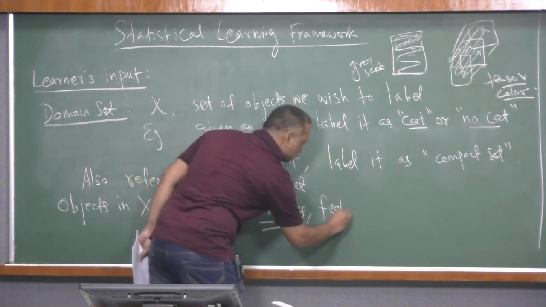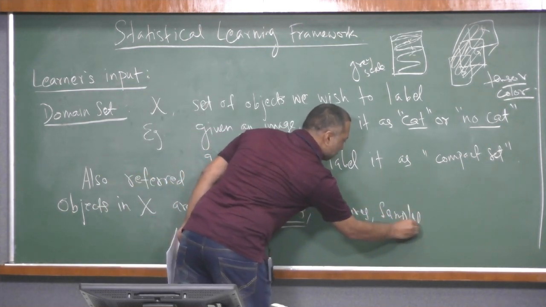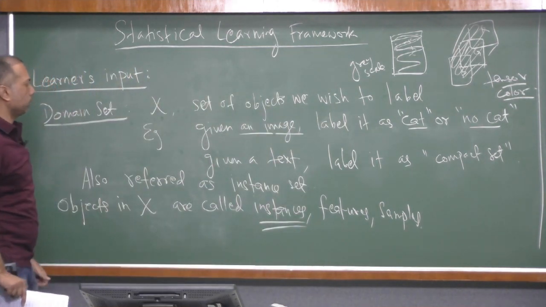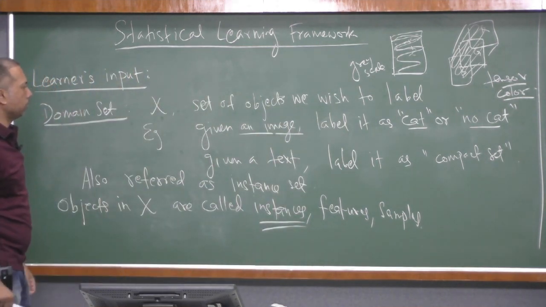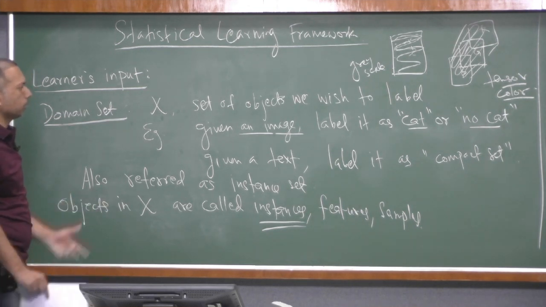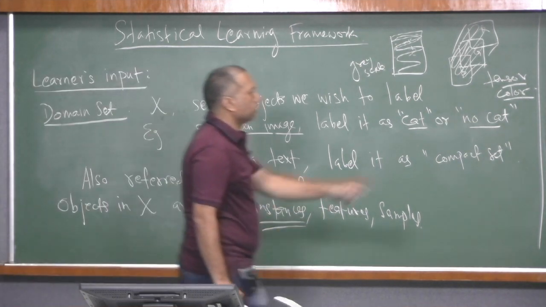Instances, features, samples. In machine learning people use these terms. Sometimes someone will ask you how many instances you had in your data, how many features you have in your data, how many samples you have in your data. Here you will say m.